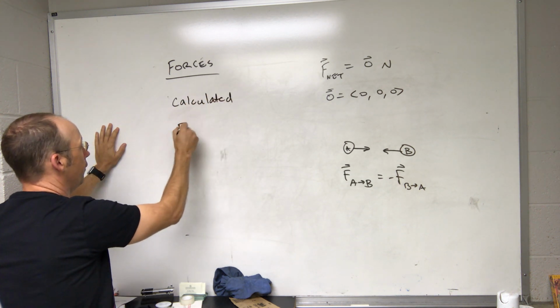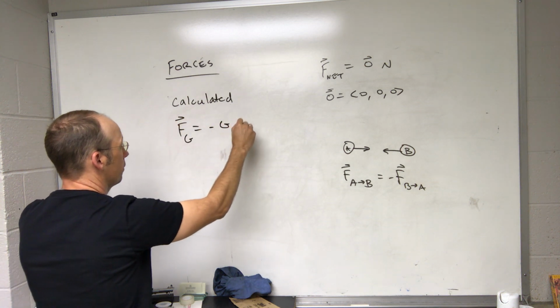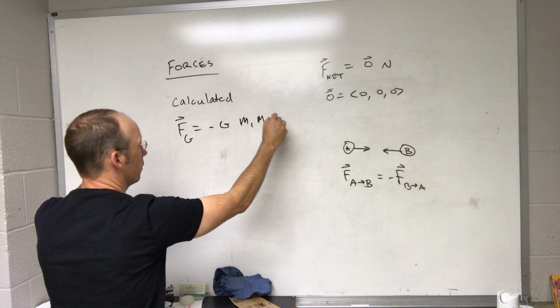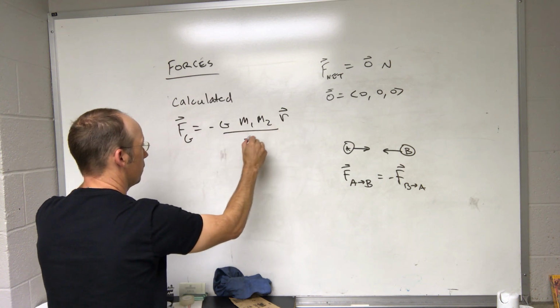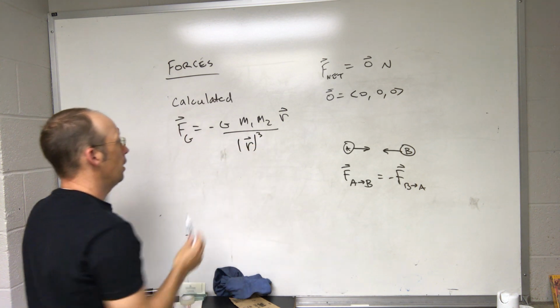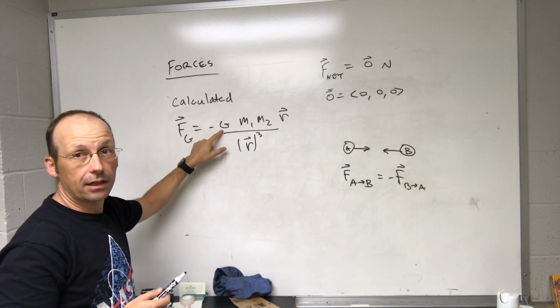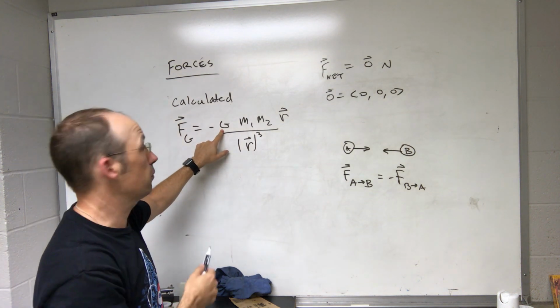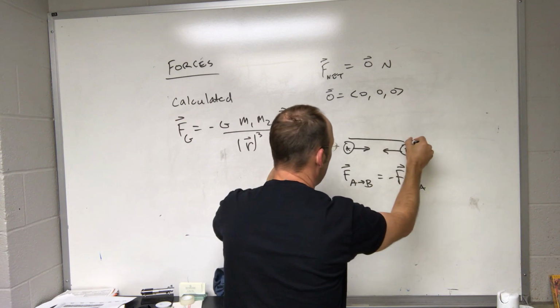So the first one we have is the real gravitational force. I will write it like this. So it's a vector. It depends on the masses of the two objects. G is a gravitational constant. This is a universal gravitational constant. And R is a vector from one planet to the other.